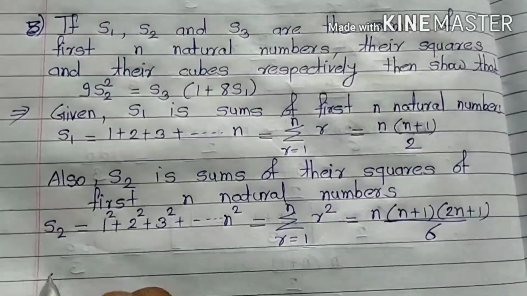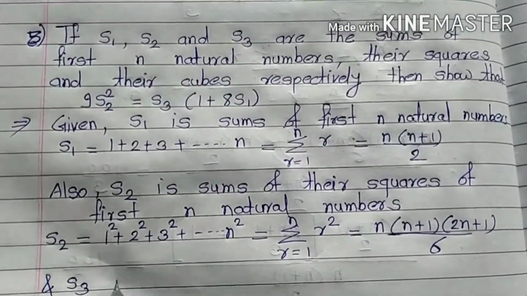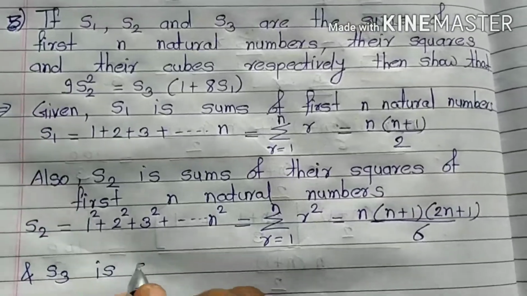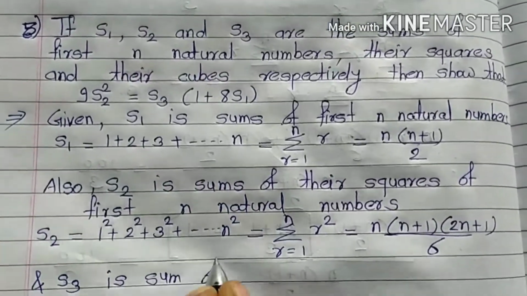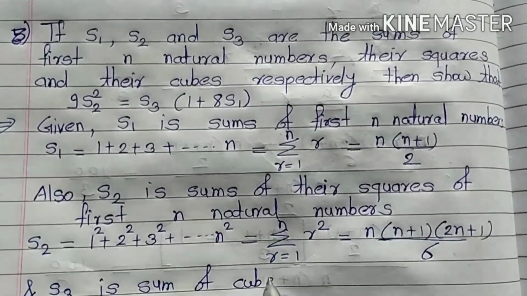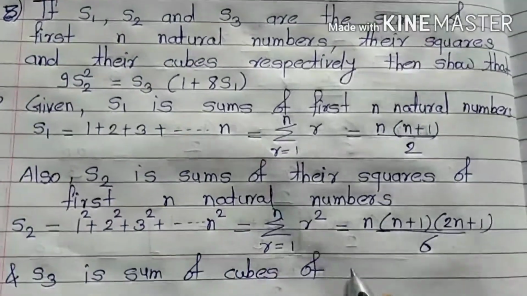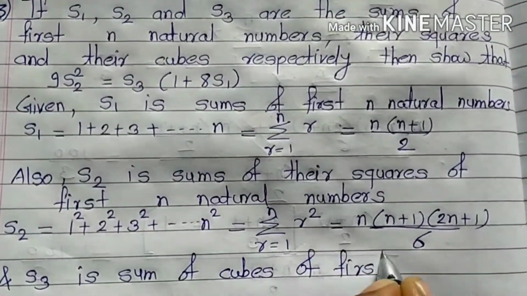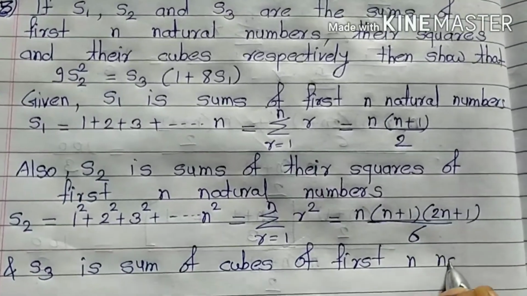and S3 is the sum of cubes of first n natural numbers.